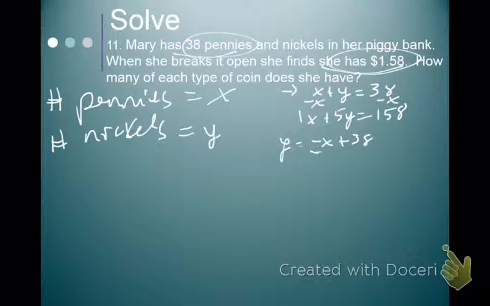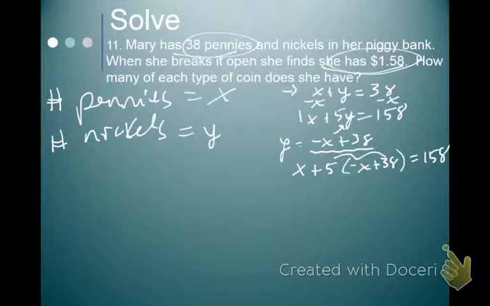Now that means, since I know that y equals this, I can take this and substitute in for any y I want, including that one. So we get x plus 5 times negative x plus 38 equals 158. Distribute your 5, because now we're just solving for x.